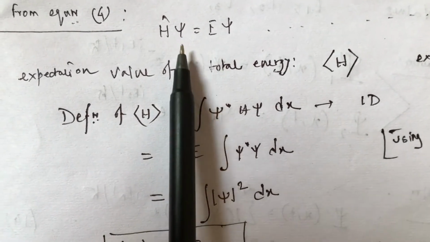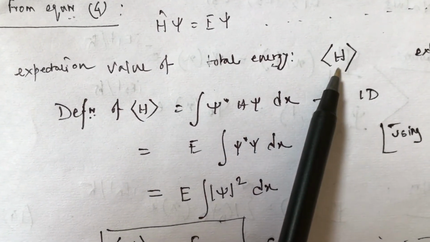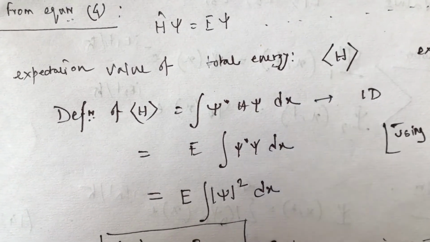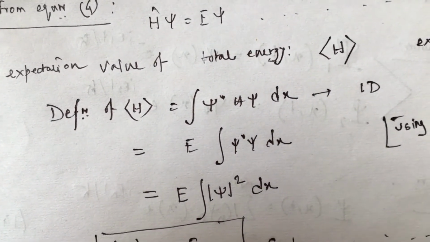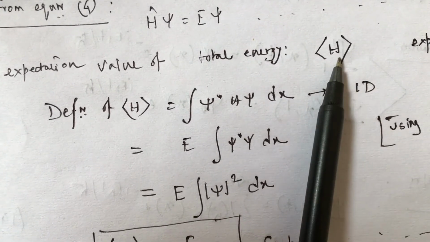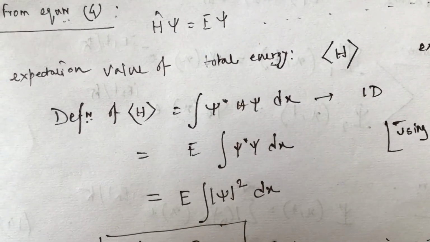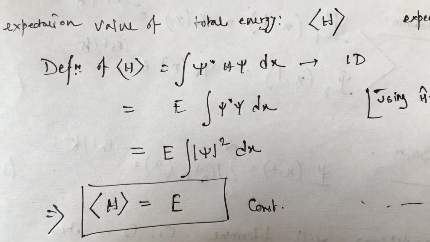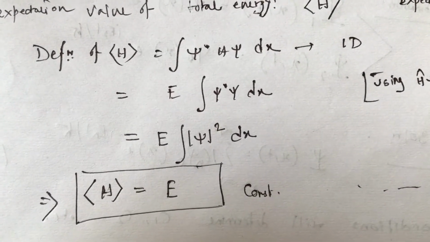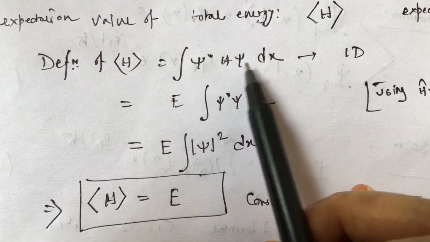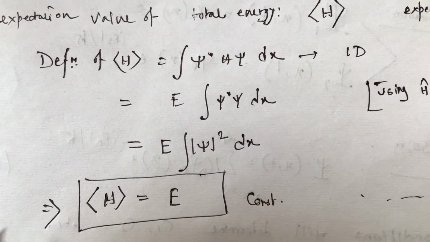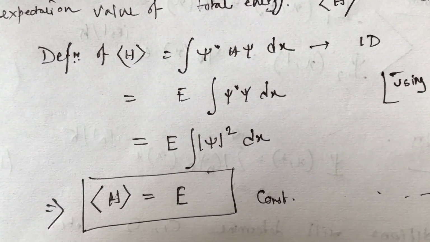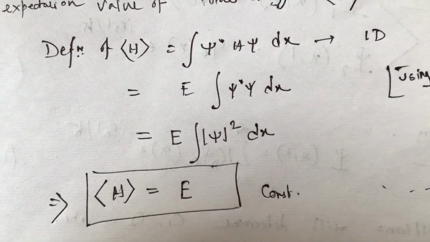Now we need to find the expectation value of this total energy, that is the average value of the total energy for this state. And I will investigate whether the expectation value of the total energy H for these states is constant in time or not.